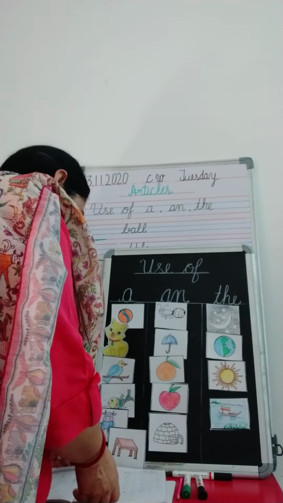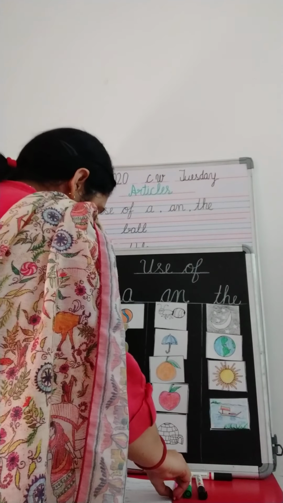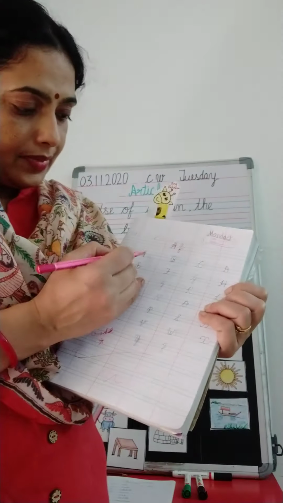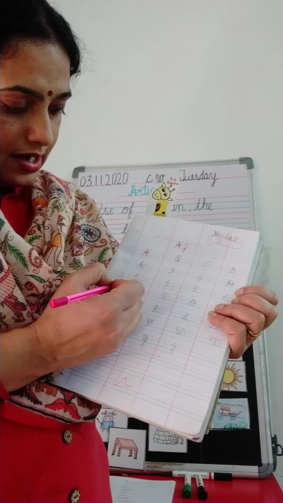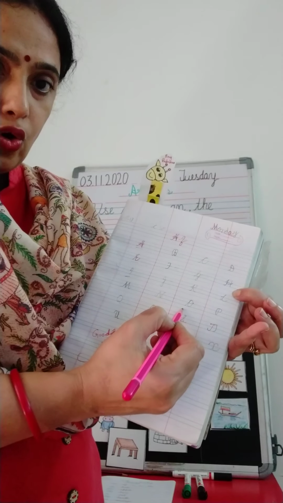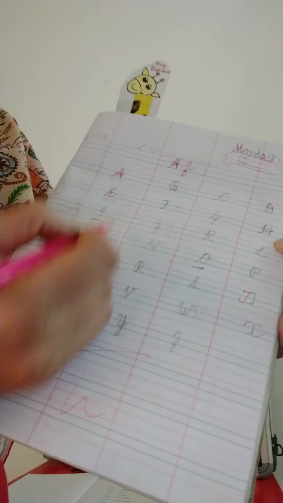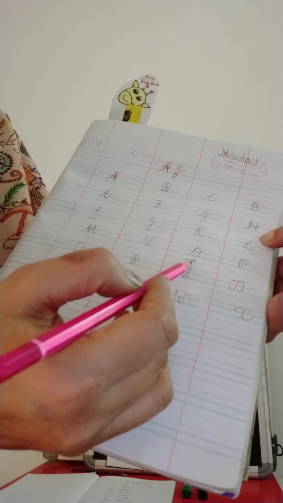And rest all of them are consonants. Rest all the letters are consonants. Yes? A is vowel. E, I, O, and U.